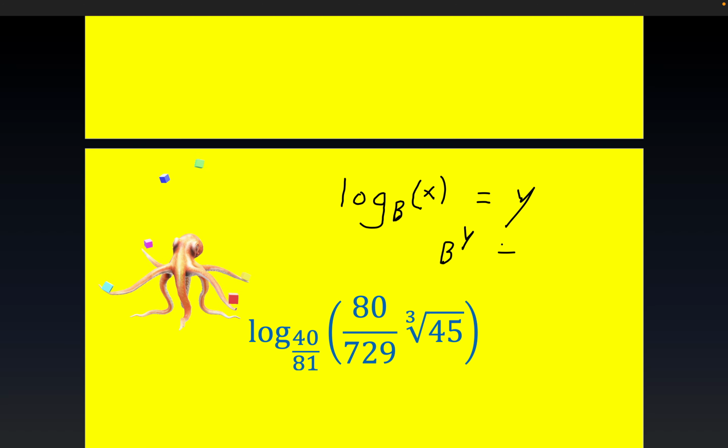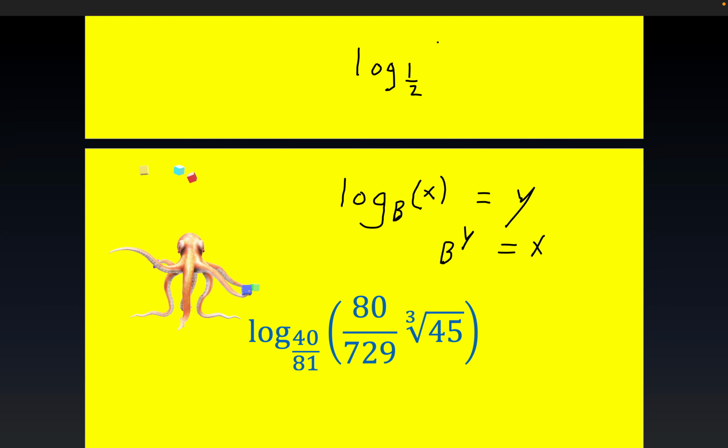Okay. Now, a lot of you may have been told it's not legal to have a base less than 1, but you can have a base less than 1. Consider log base 1/2. The base is 1/2, and we'll say the input argument's 1/8.